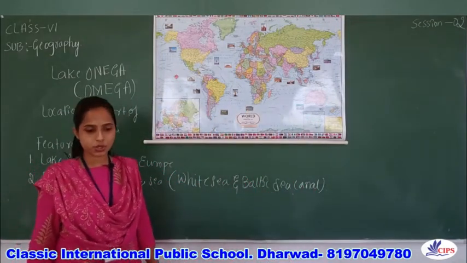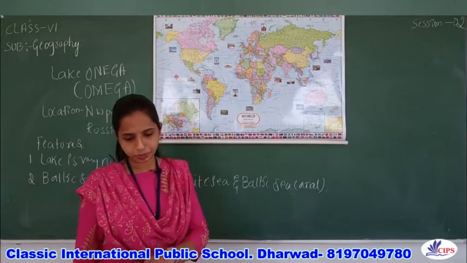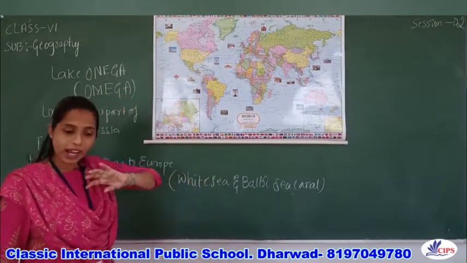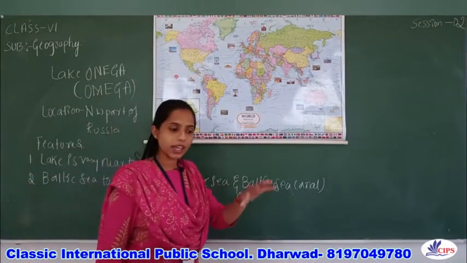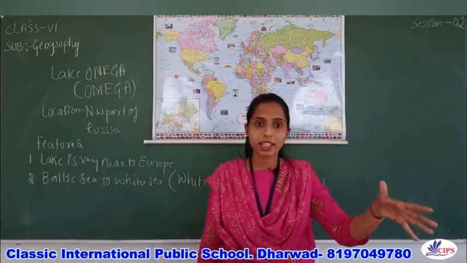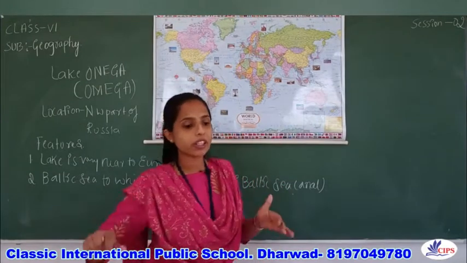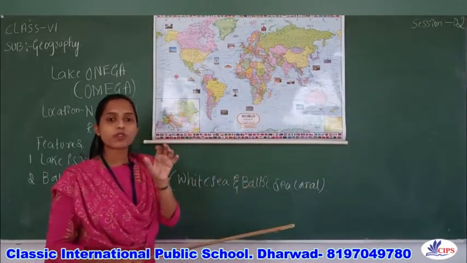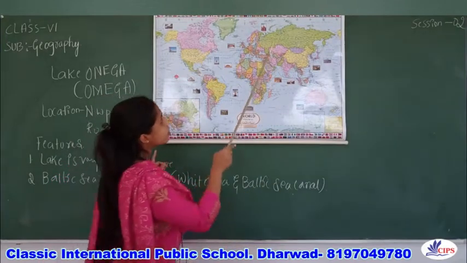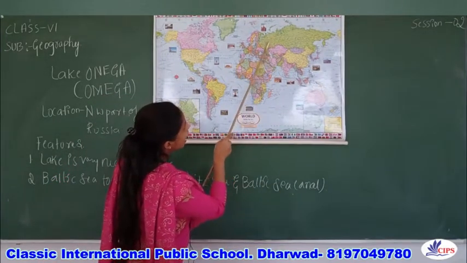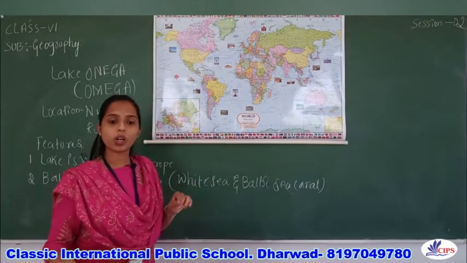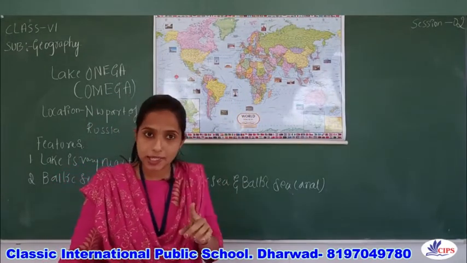This was another feature of this lake. As this Lake Onega is connected to the Baltic Sea and the White Sea, it is also connected with the Volga River basin. Volga is one of the important rivers of Russia, and this Volga River flows here.